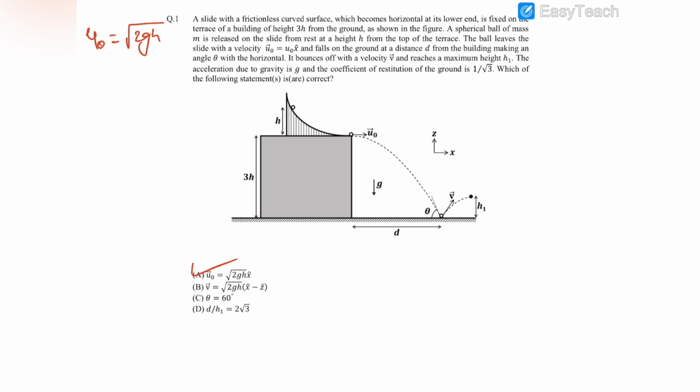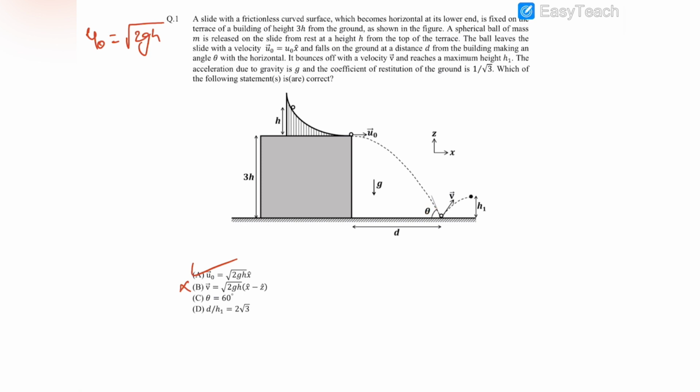Then you can see that the second option is wrong, because this velocity v is pointing towards the first quadrant, and therefore the x and z directions would be positive. So this is not correct.